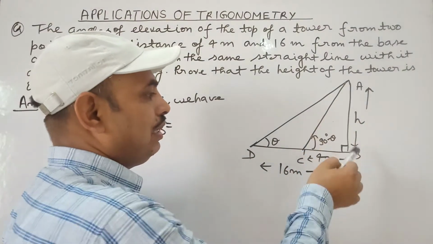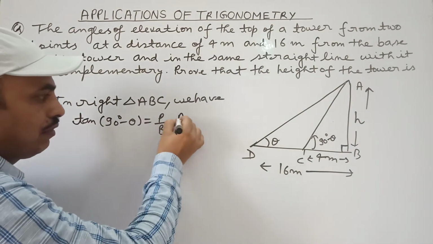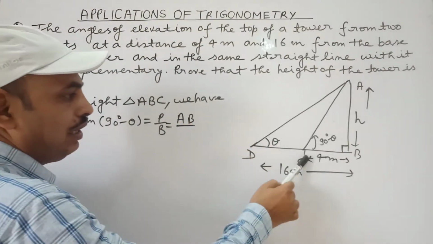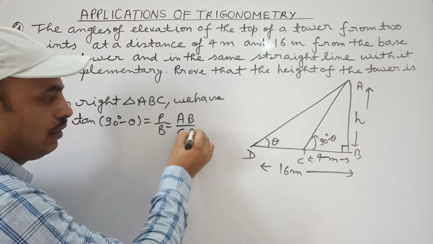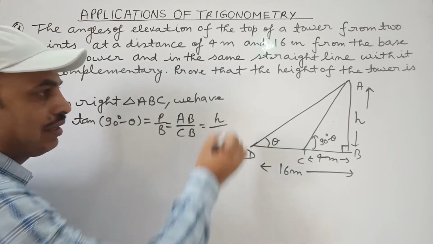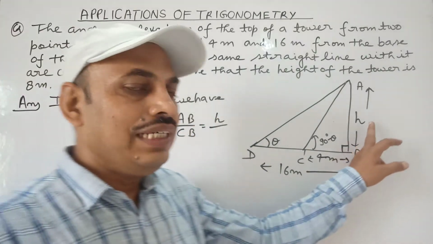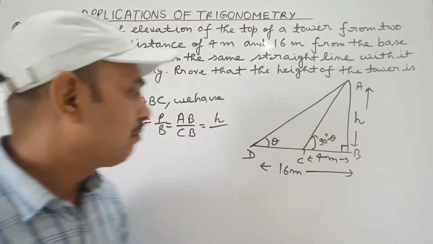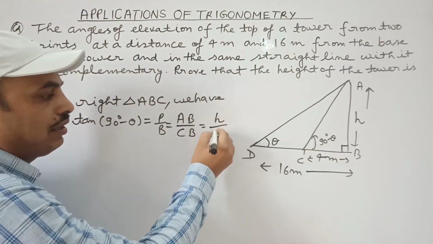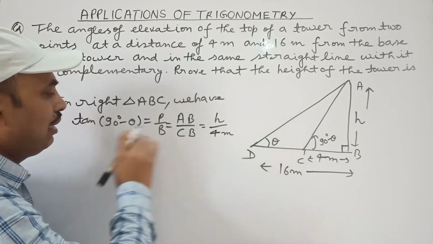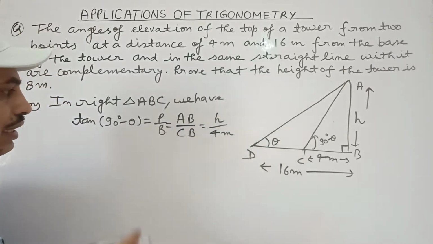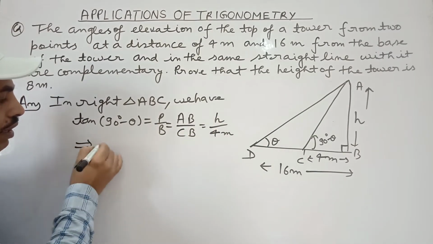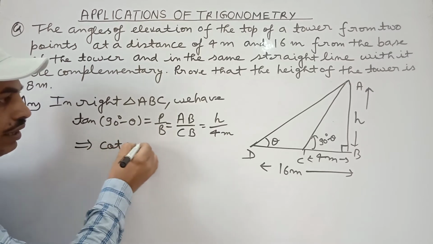For this AB is perpendicular, base is CB, AB is h. We suppose that height of tower is h meter, CB is 4 meter, and tan 90 minus theta is equal to cot theta.